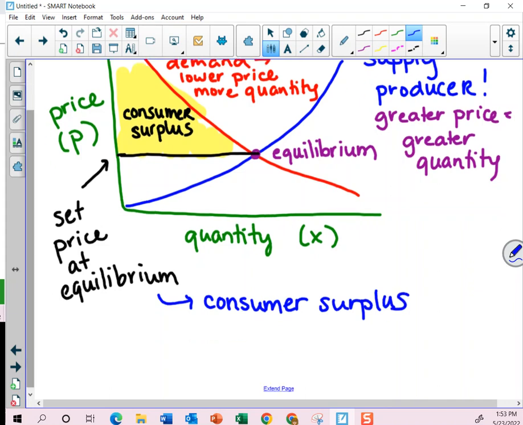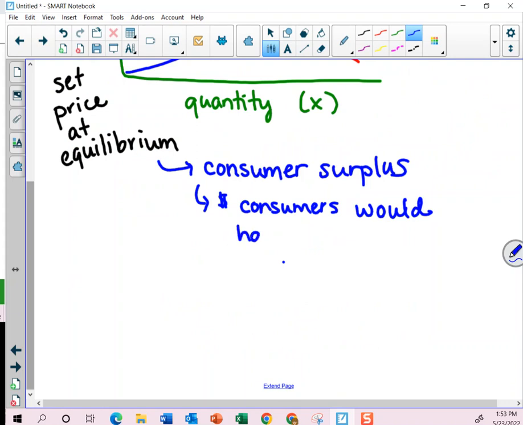Consumer surplus is when we quantify the amount consumers would have been willing to spend.